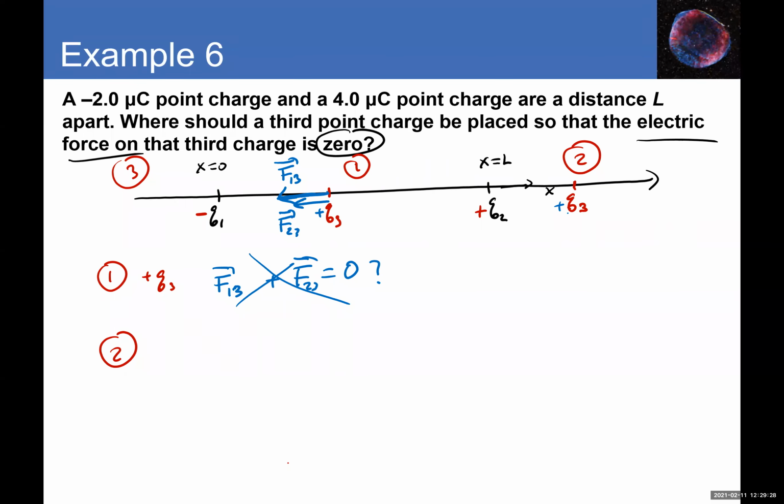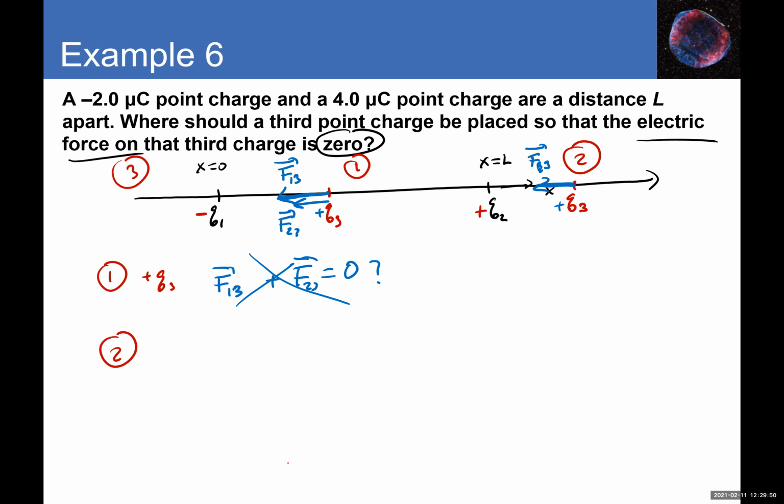So Q1 and Q3 have attractive force. That means the force is going to be to the left on Q3 because of Q1. It's going to be attracted towards Q1. This is F1 on 3.